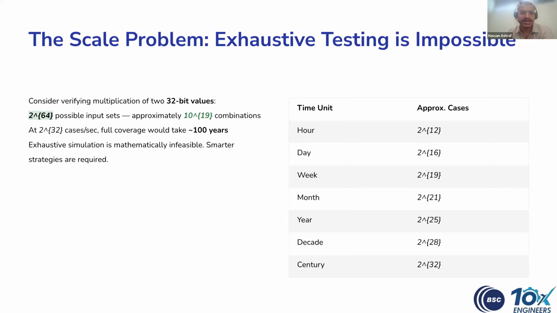We know what type of verification and how advanced verification we need with modern chips. So in this slide, this leads us to the fundamental problem of our profession, the scale problem.